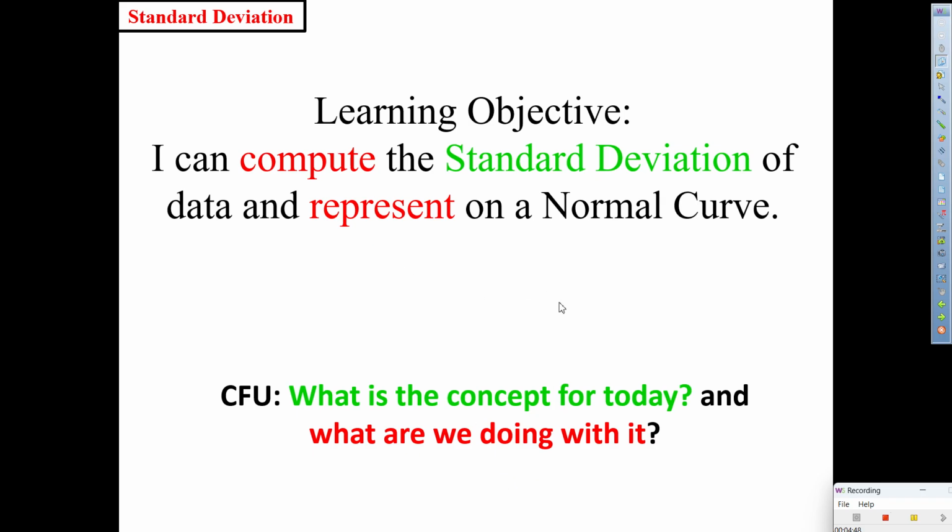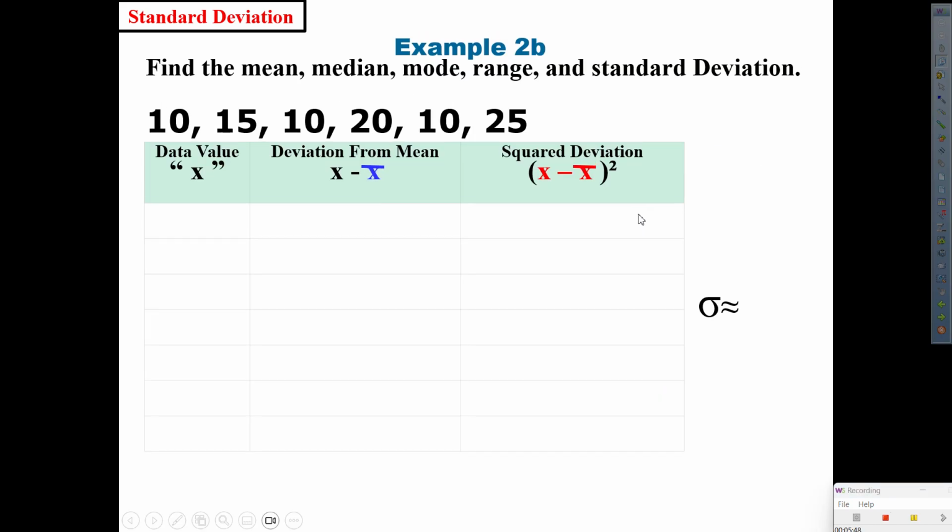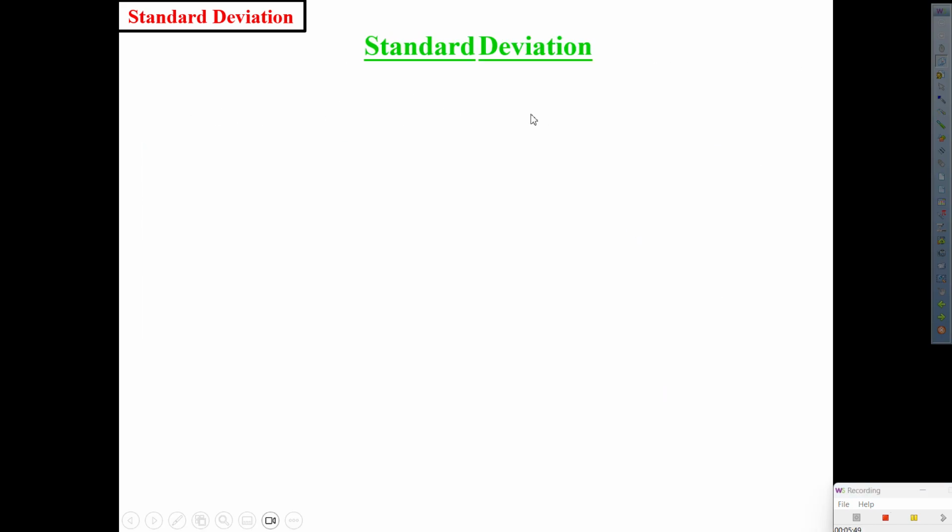Okay? So, first of all, let's break down the concept standard deviation, the term. Last week we did the processes. We got that. So on your paper, in blue, write standard. In red, write deviation. Standard deviation.